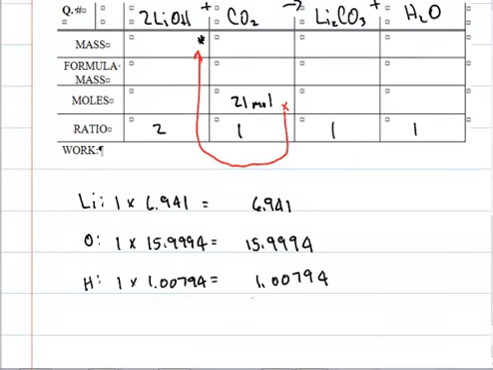Okay, and so when we add these together, we end up with 23.94334, which we now have to look at rounding. In this situation, we can just look at which number has the least number of decimal places.